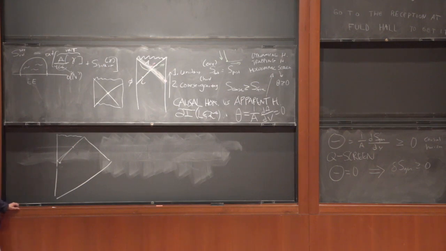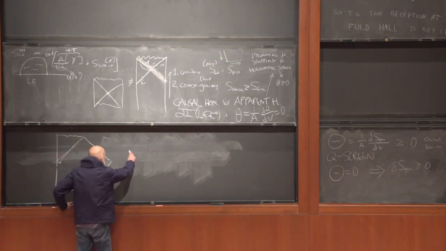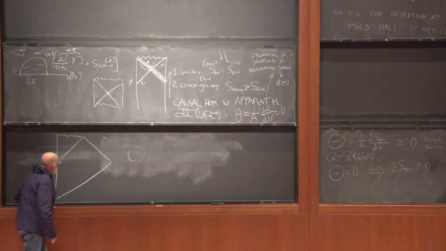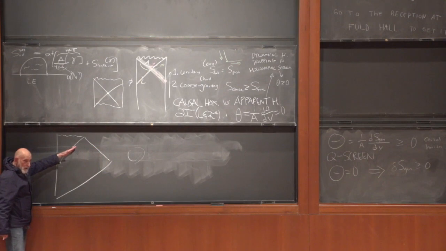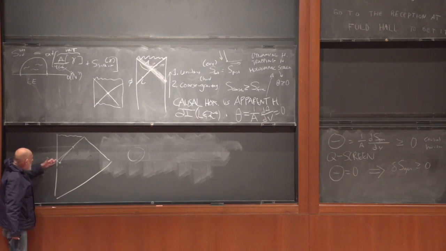Now I want to think of an observer who is out at null infinity here, looking back at the black hole. Here's the black hole. It's looking at it. You will see Hawking radiation. You won't see any Hawking radiation from down here. The black hole hasn't formed yet. Here is where the horizon forms.